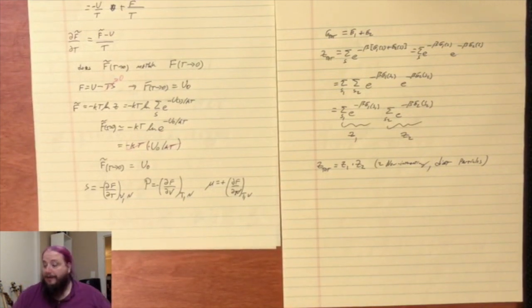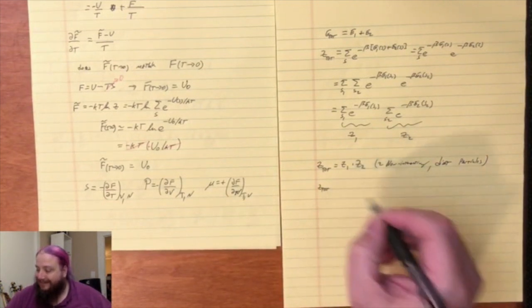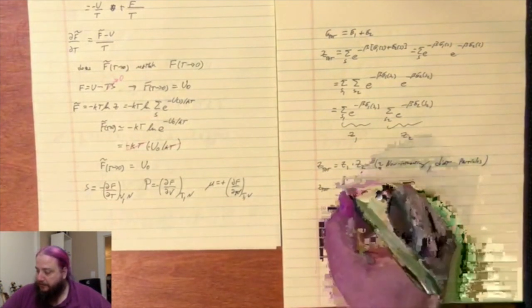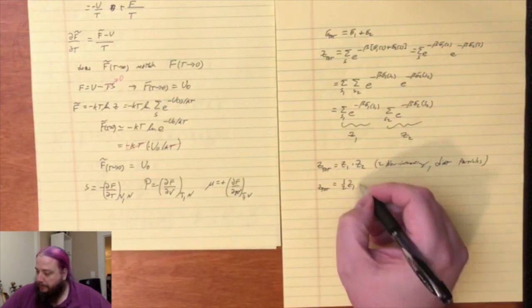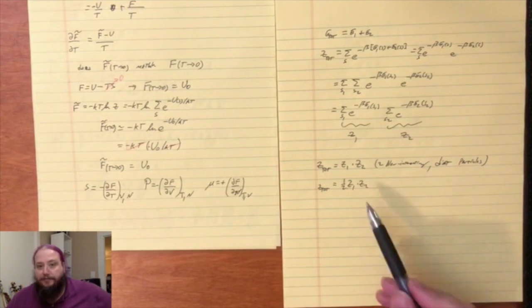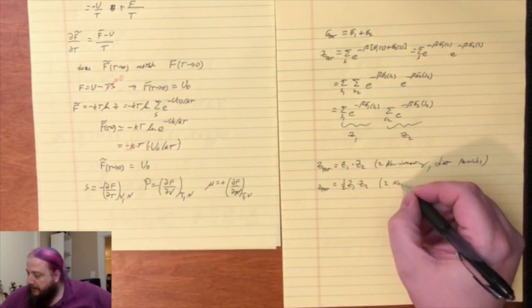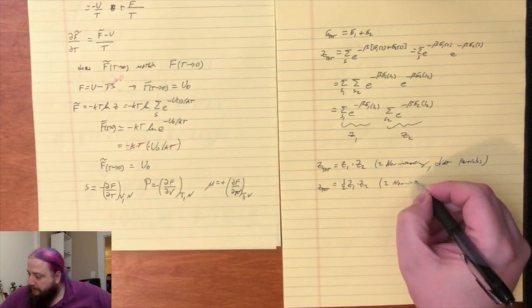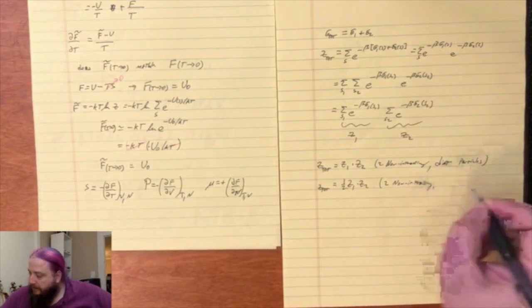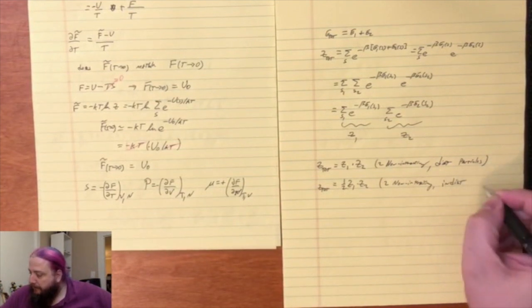And so we've double counted by exactly a factor of 2, so that for indistinguishable particles, our total partition function would be half of the previous one. This would be for two still non-interacting, but now indistinguishable particles.